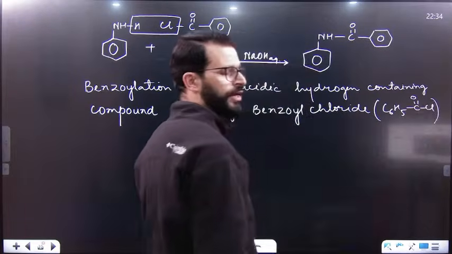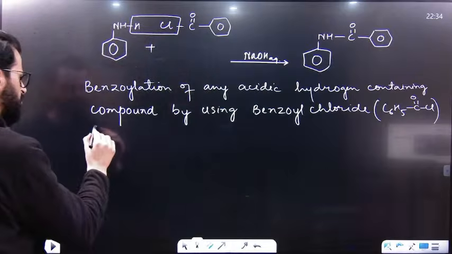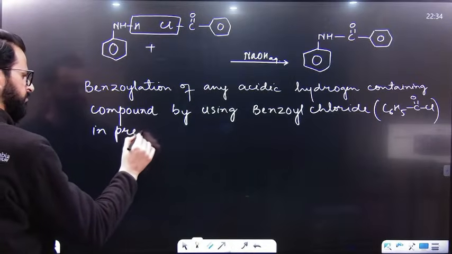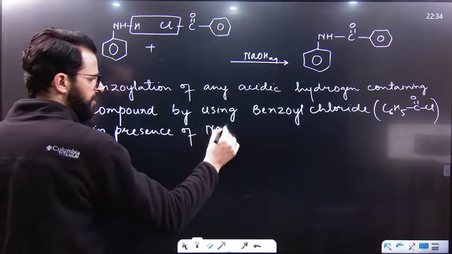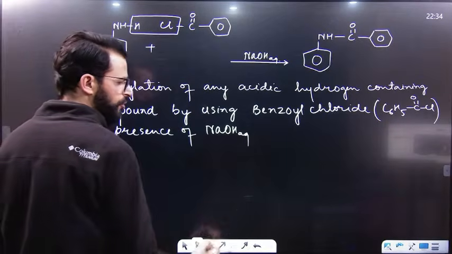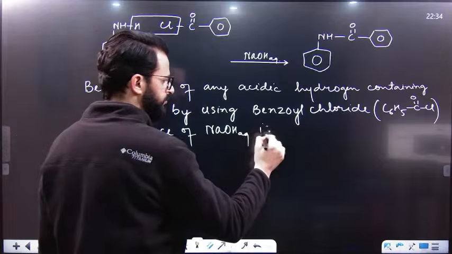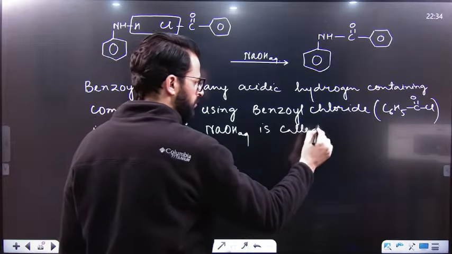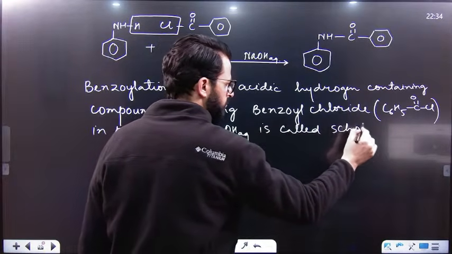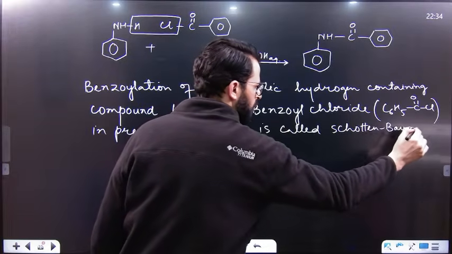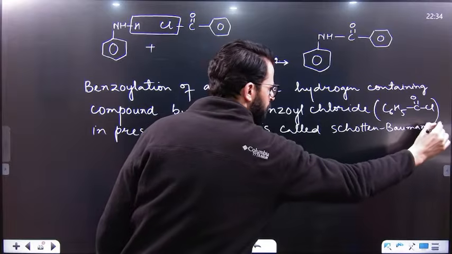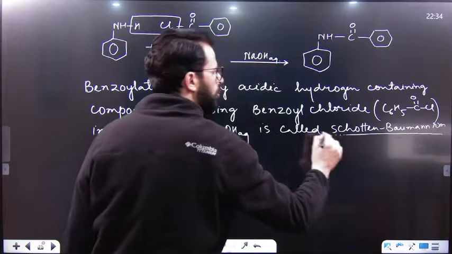In presence of aqueous NaOH in general, or in presence of a strong base, such a reaction is called the Schotten-Baumann reaction.